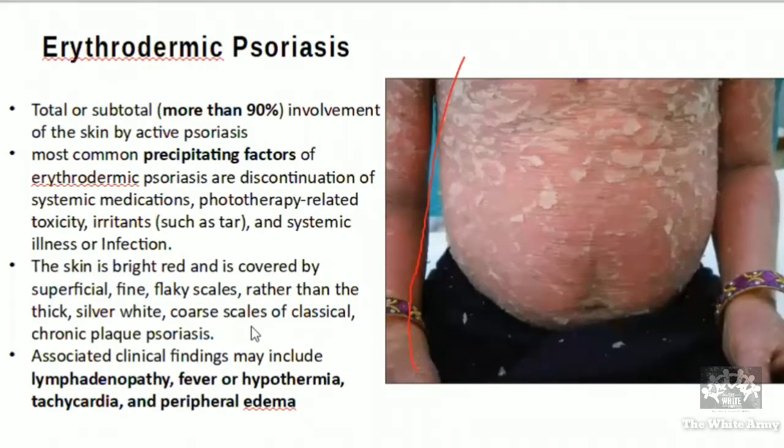There is increased protein requirement, and because so much scale is shed, there is hypoproteinemia also. So the main cause for peripheral edema is hypoproteinemia, because almost 9 grams of protein is lost per day in an erythrodermic psoriasis patient. Right.